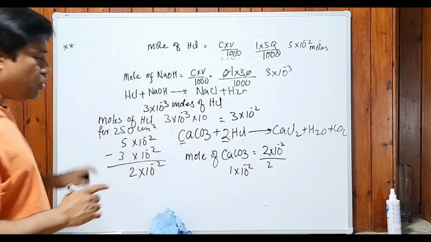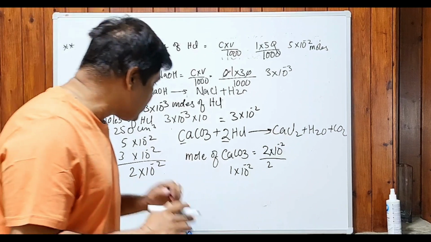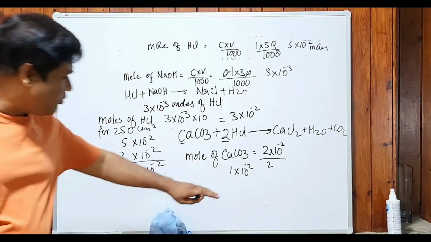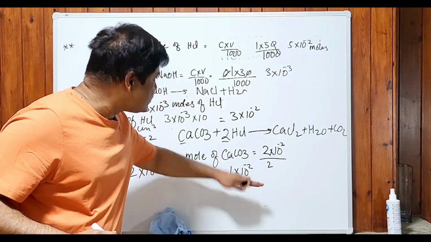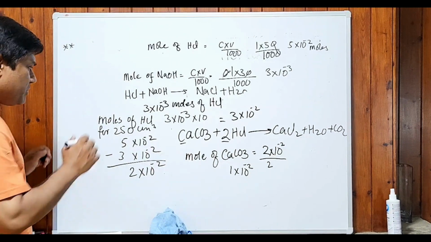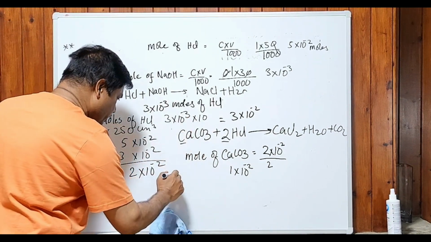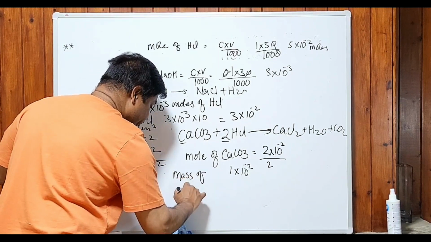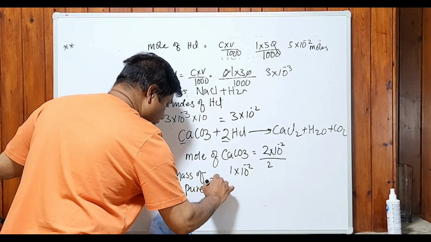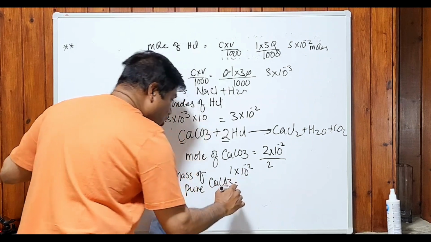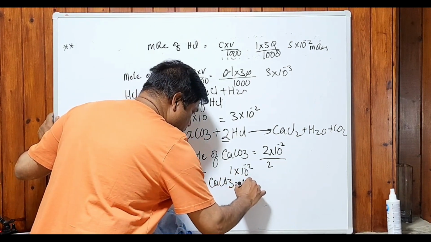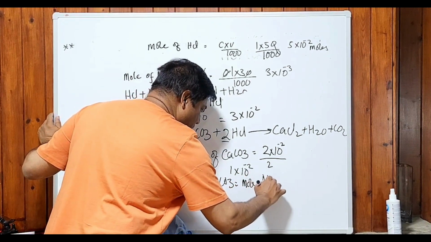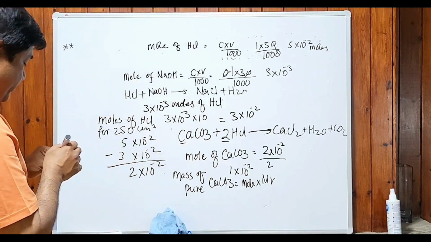This is the mole of the pure form of calcium carbonate. With that mole, can we work out its mass? Yes, why not? We can work out the mass of pure CaCO3. Mass of pure CaCO3 is mole times Mr.